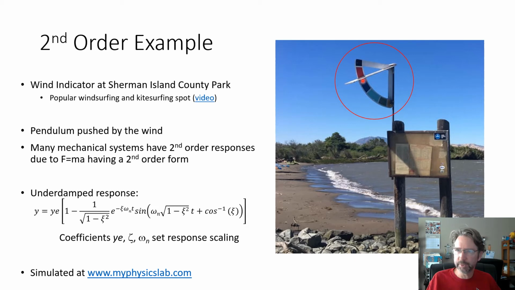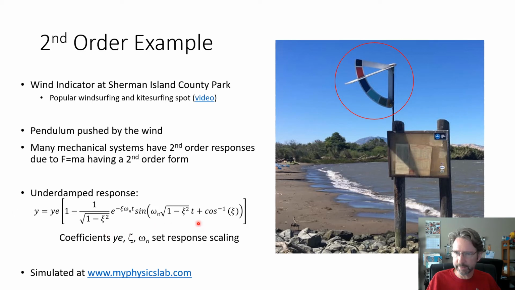So this is a pendulum system, and it's got a load, so we can model the response of this as a second order system. Most mechanical systems that have F equals ma as their governing equations have a second order form because the acceleration is the second derivative of position. So if it's the underdamped response, there are 3 different responses, but underdamped is pretty common.